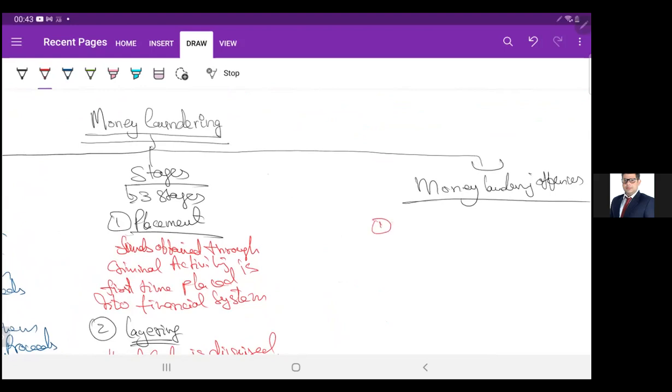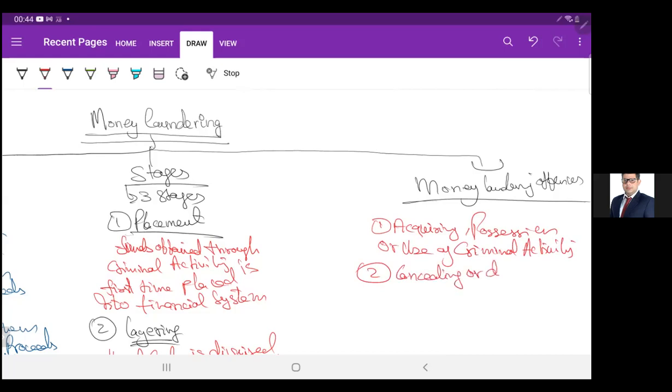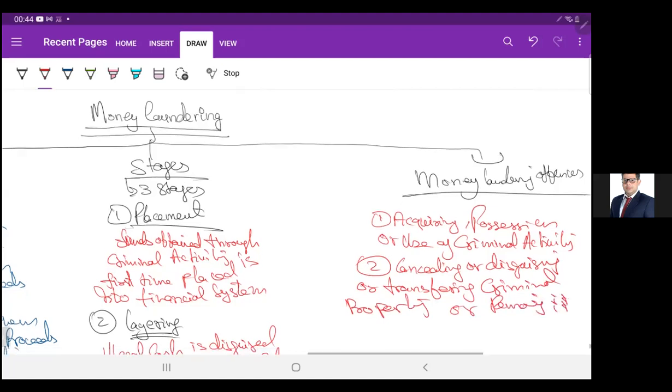Number one, acquiring, possession, or use of criminal property. Number two, concealing or disguising, or transferring criminal property, or removing it from the country.